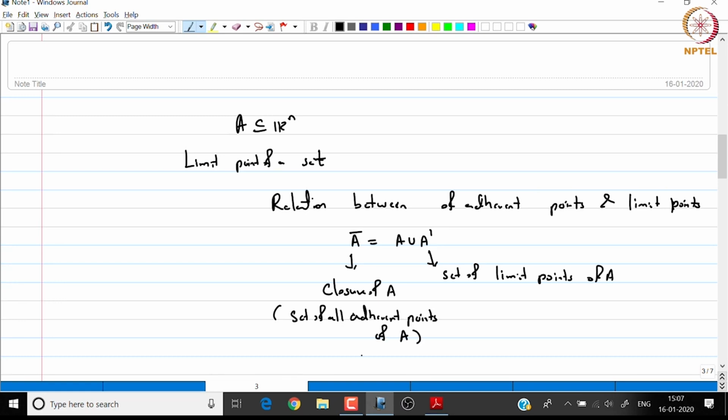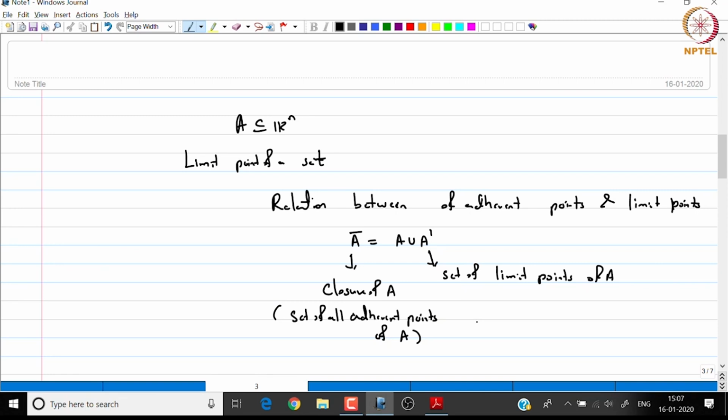Basically, in A prime, the set of limit points, an element x is said to belong to the set of limit points if x adheres to A minus the point x itself.